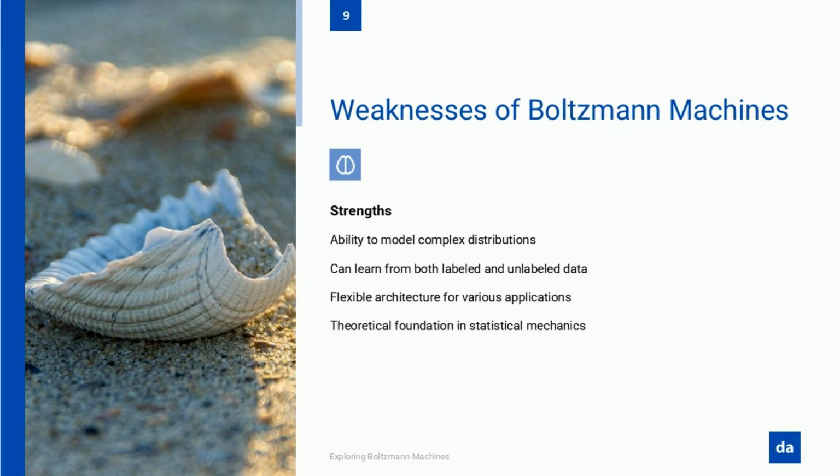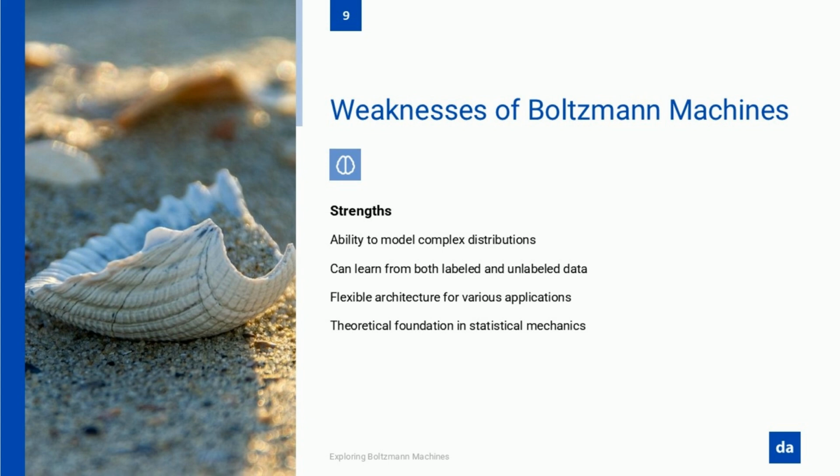But Boltzmann machines operate in a highly distributed manner, meaning knowledge is spread across the entire network. This makes it difficult to understand exactly how the model arrived at a particular decision, which can be a major drawback in areas like finance or healthcare, where explainability is critical.